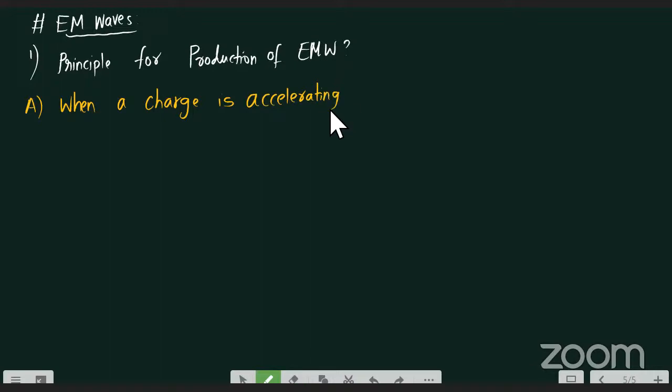Those radiations are called EM waves. So when a charge is accelerating, electromagnetic waves are produced. I hope you will remember this very simple answer. Just write down, when a charge is accelerating, electromagnetic waves are produced.